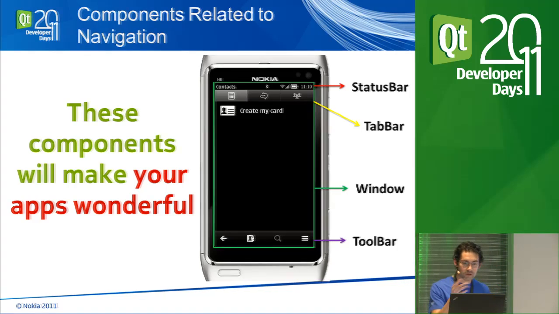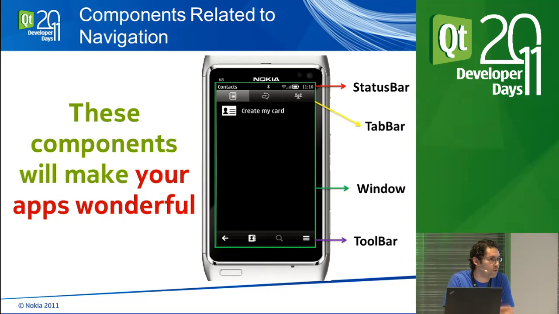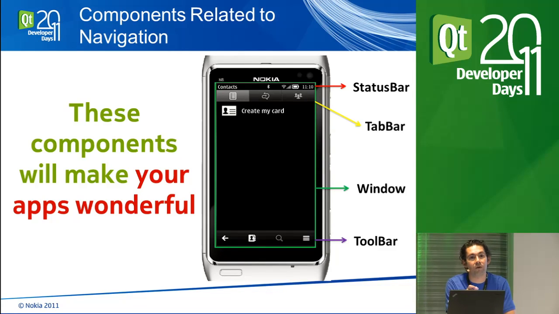And we also have some other components. Like you can see on the top part of the window, we have a status bar. This status bar will allow us to have some information while we have our application displayed. Because users want to see the hour while they are running the application.